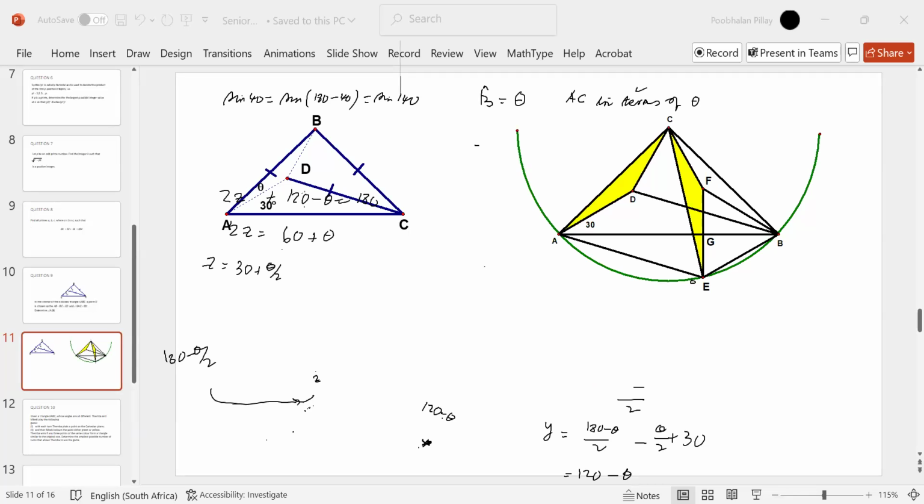These two angles are already where 180 minus theta over 2 was, we worked this out earlier on. And we just saw that Z is equal to 30 plus theta over 2. So the sum of these two angles is 210. Theta disappears. So these two angles add up to 210, and therefore that angle there must be 150.